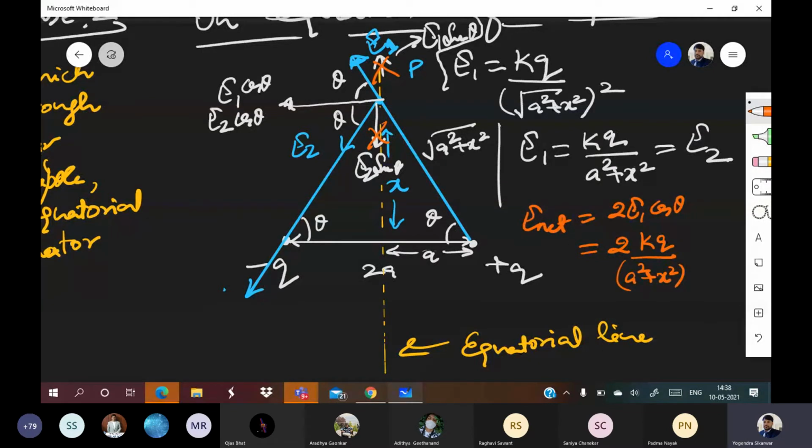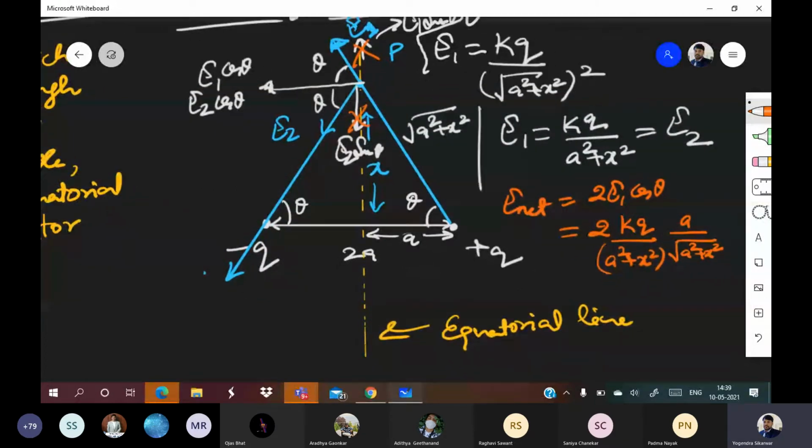Now you tell me from this diagram, what will be the value of cos theta? Cos theta is base upon hypotenuse, so that will be A upon under the root of A square plus X square.